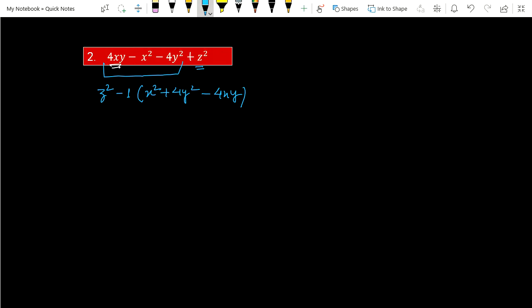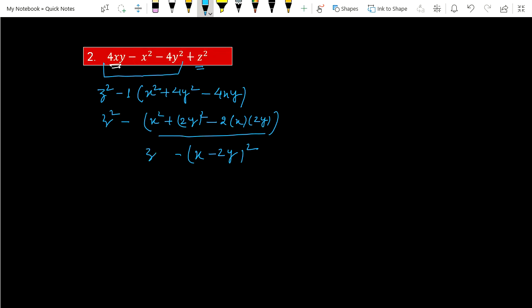Now z square as it is, minus, we can write x square plus 4y square as 2y the whole square. If we make the factors of 4xy like 2 into x into 2y, we are finding here this is actually the expansion of x minus 2y the whole square.